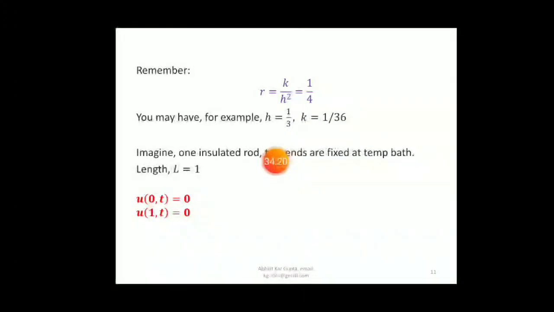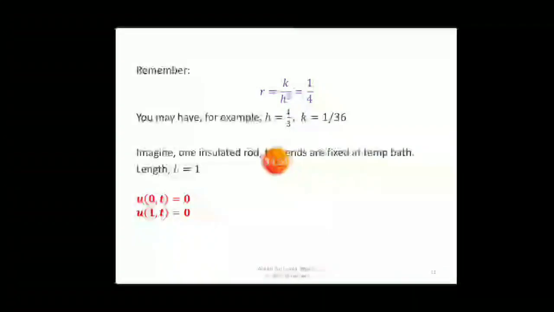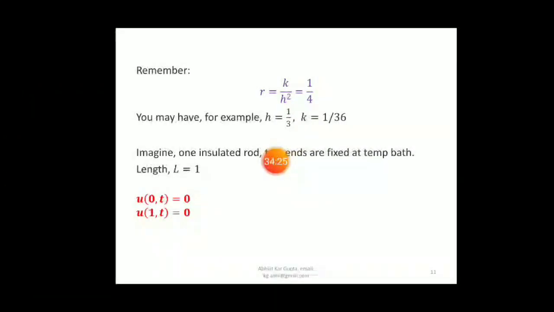Because the length of the rod is 1, it can be 1 meter or so, u(1,t) equal to 0 is another boundary condition on the right. And then u(0.5, 0) equal to 1 is your initial condition. 0.5 means you put at the middle some temperature value which is 1. So this can be one problem, a description of the problem in simple terms.